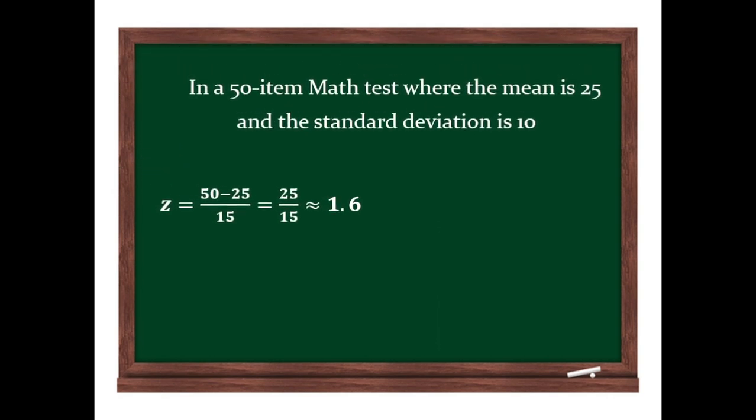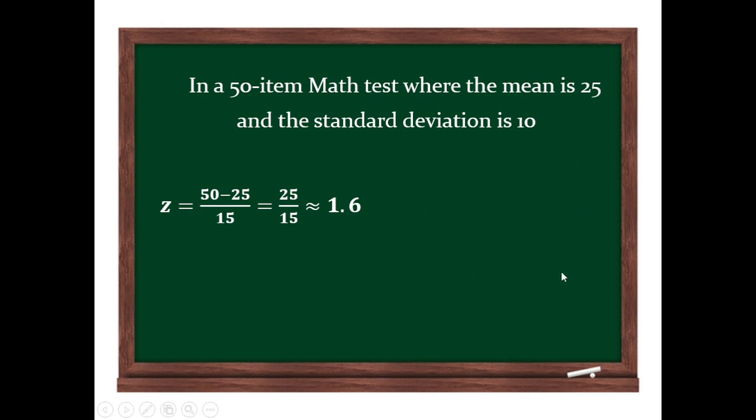Now, the computation in z-score. So in a 50 item math test where the mean is 25 and the standard deviation is, it is not 10, it is 15. So we have a typo error.